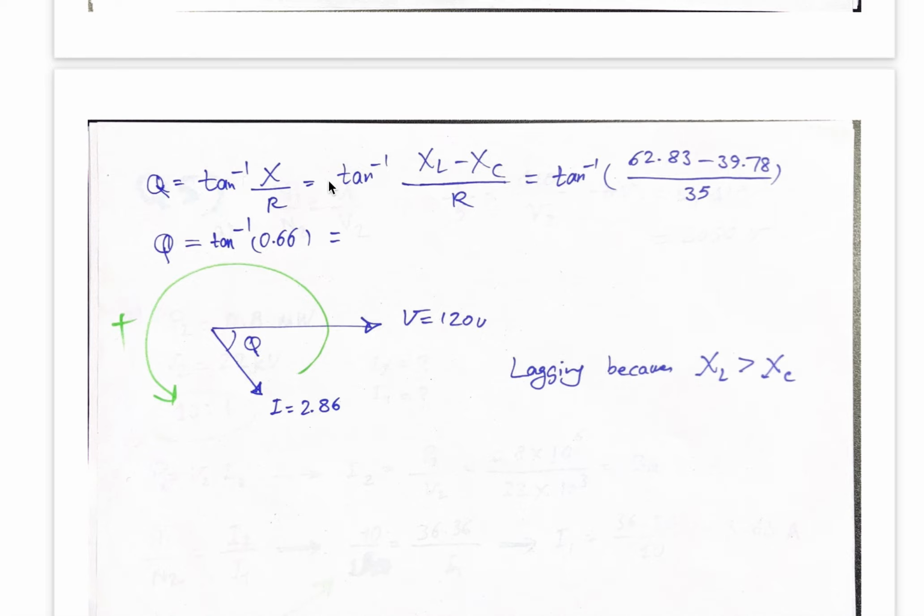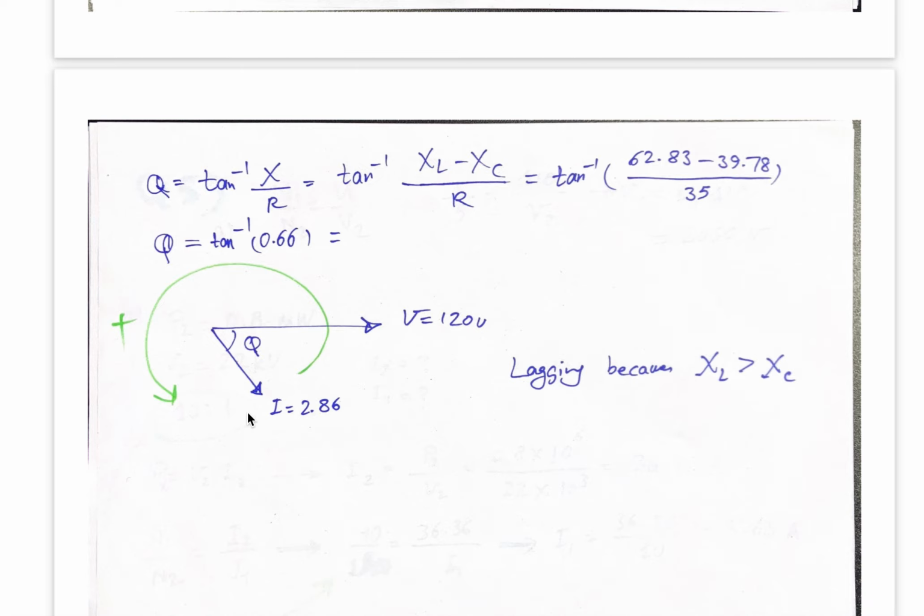But this is commonly used, tangent inverse X over R. Phi equals tangent inverse X over R. X is again the difference between XL and XC. And you can work out this one. You just need to use an advanced engineering calculator to find out what is the phi if its tangent equals 0.66. I didn't do this in the class. That's for you, you can obtain it.